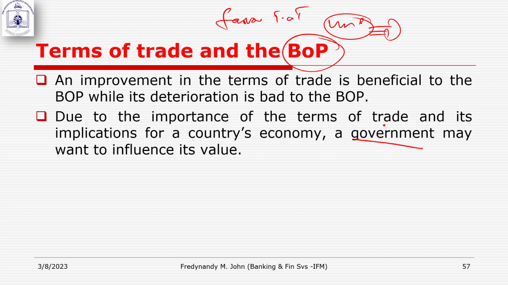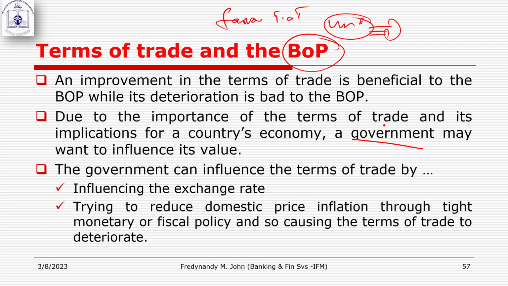So the government may interfere in order to improve the terms of trade by doing the following. Number one, influencing the exchange rate. And number two, by trying to reduce the domestic price inflation through tight monetary or fiscal policy. And by doing so, the terms of trade will improve.